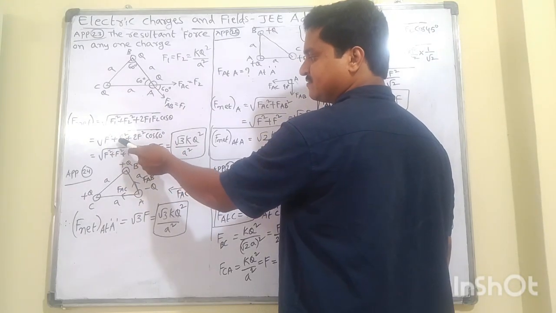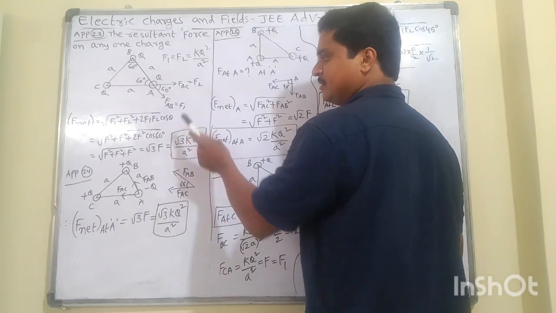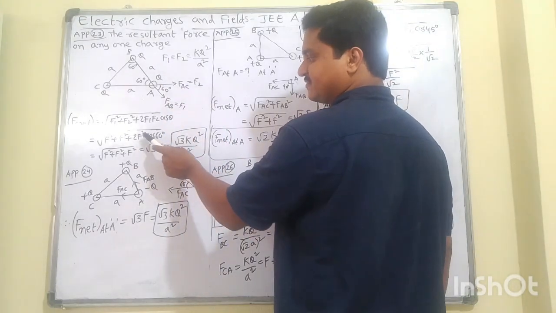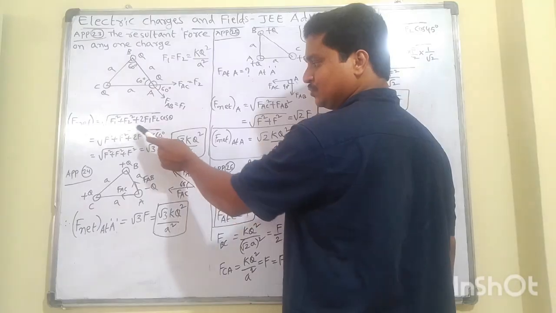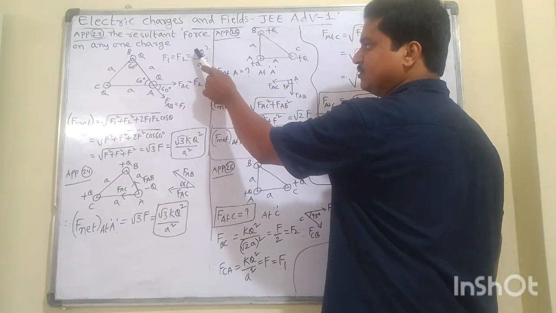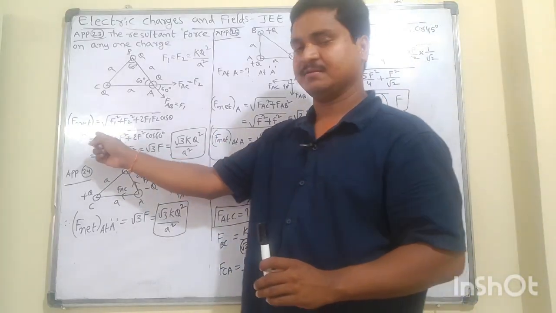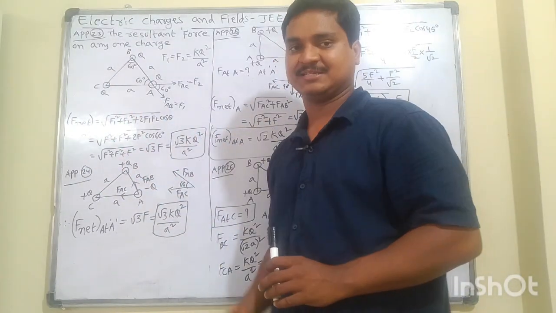So root of f square plus f square plus 2f square cos 60, which is 1 by 2, the 2 cancels, and finally you will get root 3 f. F is kq square by a square. So that is the net force at point A because of the two charges B and C.